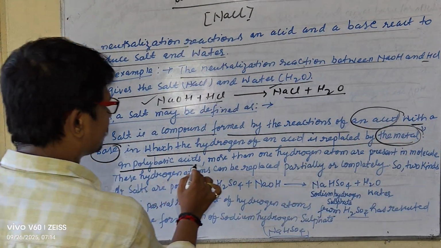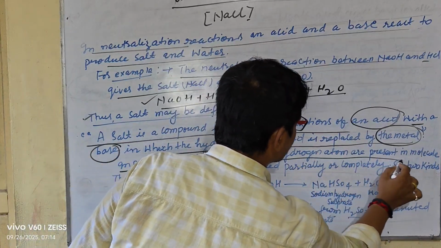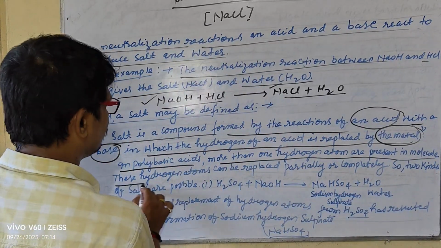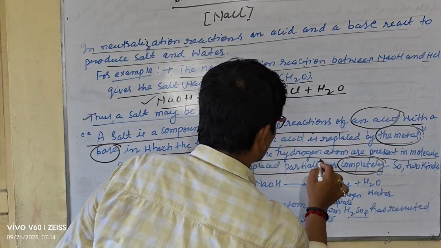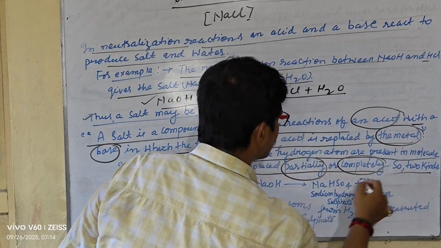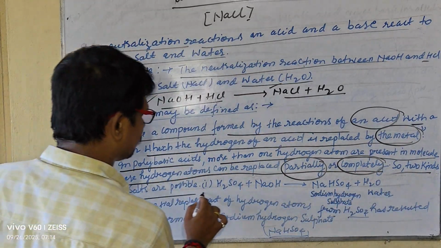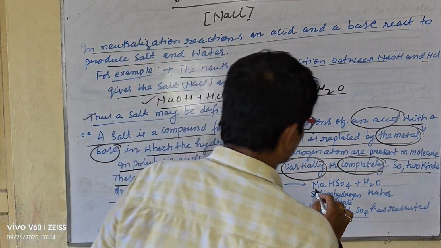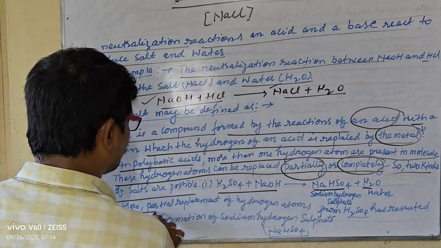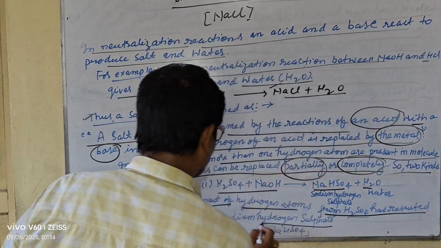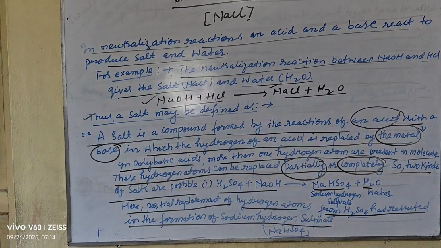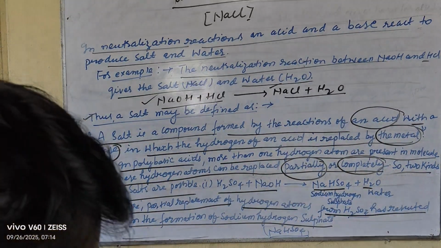In polybasic acids, more than one hydrogen atom is present in the molecule. These hydrogen atoms can be replaced partially or completely, so two kinds of salts are possible. H2SO4 plus NaOH gives NaHSO4 plus H2O. Here partial replacement of hydrogen atoms from H2SO4 has resulted in the formation of sodium hydrogen sulfate.